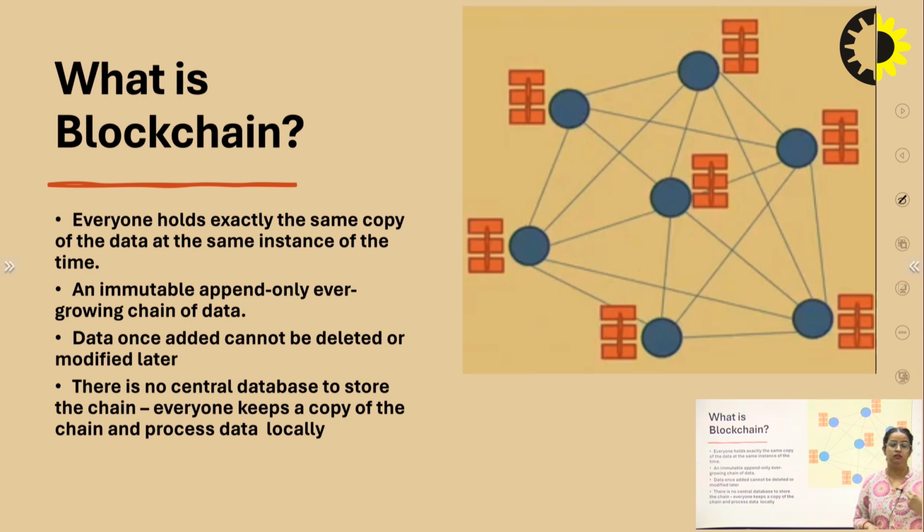Okay, and because of the nature of decentralization, there is no central database to store the chain. Everyone keeps a copy of the chain and processes data locally. That means everyone has the same copy of data. So there is no central system in which we store the data and from which anyone can access it whenever they want.